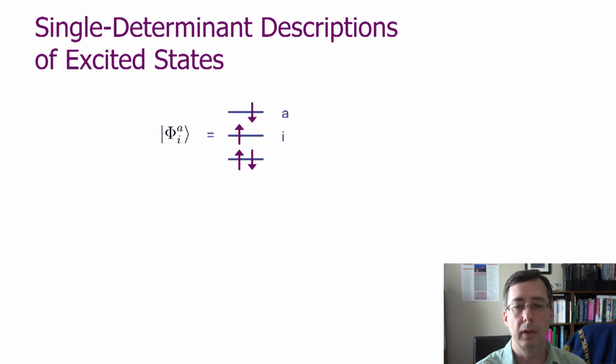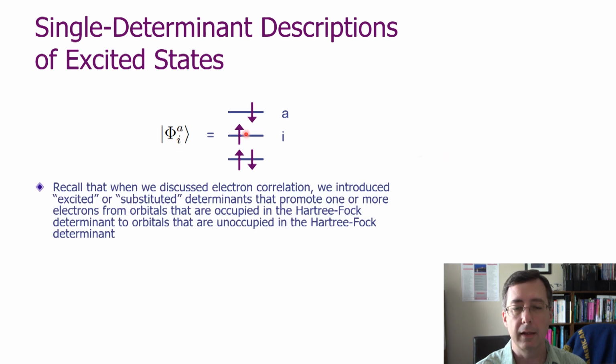So let's talk about single determinant descriptions of excited states. So suppose I have this state where I've promoted an electron from orbital I to orbital A. I've chosen to promote the beta electron in this particular picture, and I can denote this with this ket phi I A, which means I've taken an electron out of orbital I and put it into orbital A. And I could call this an excited determinant or a substituted determinant, and we've seen this notation in talking about correlated methods, post-Hartree-Fock methods.